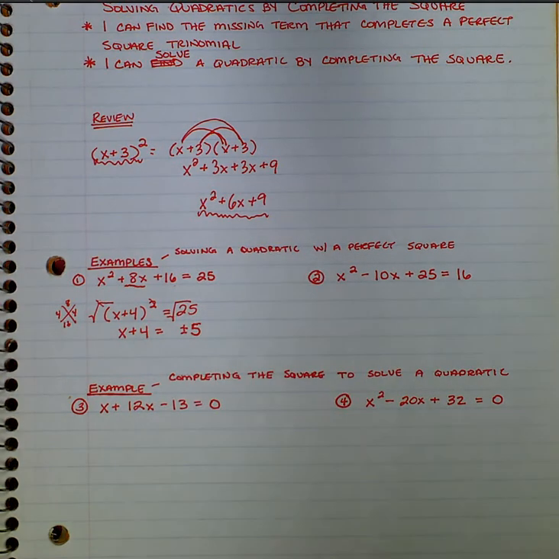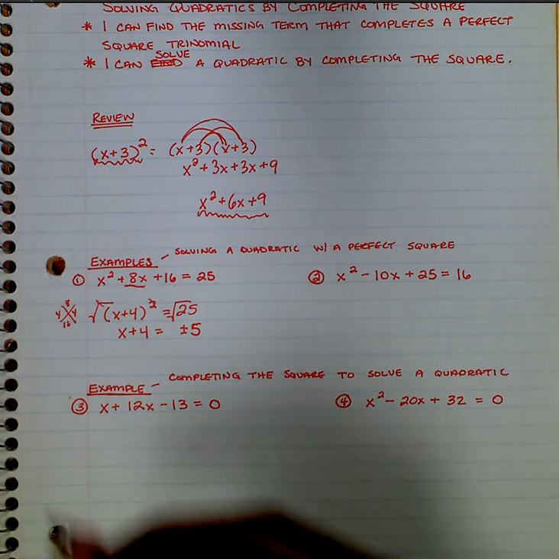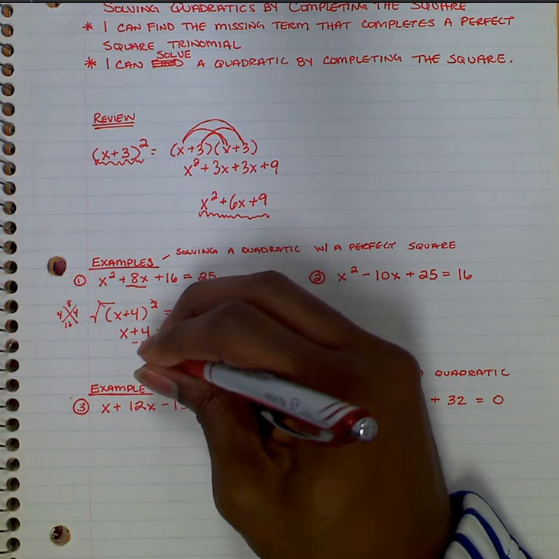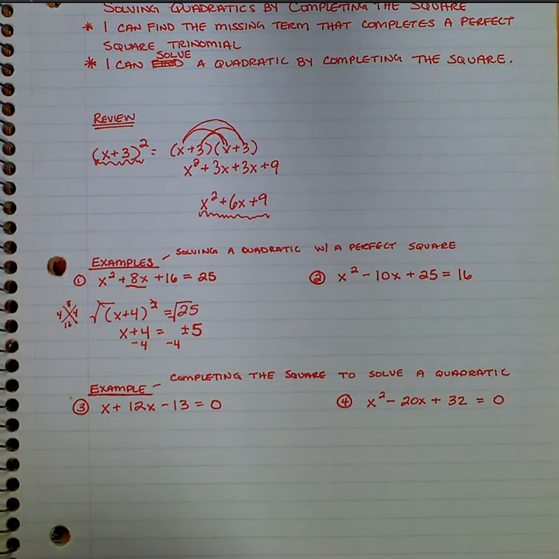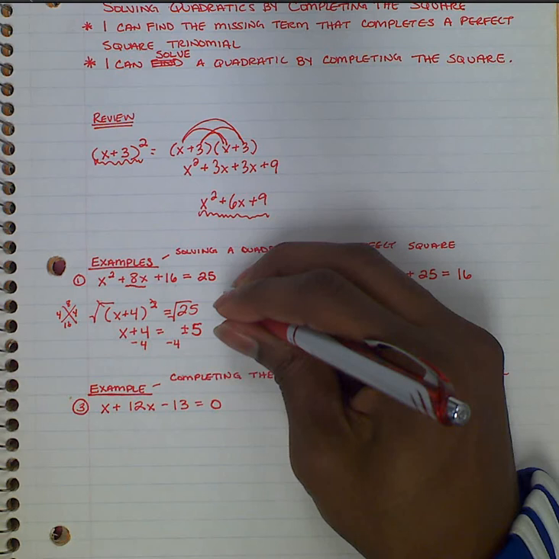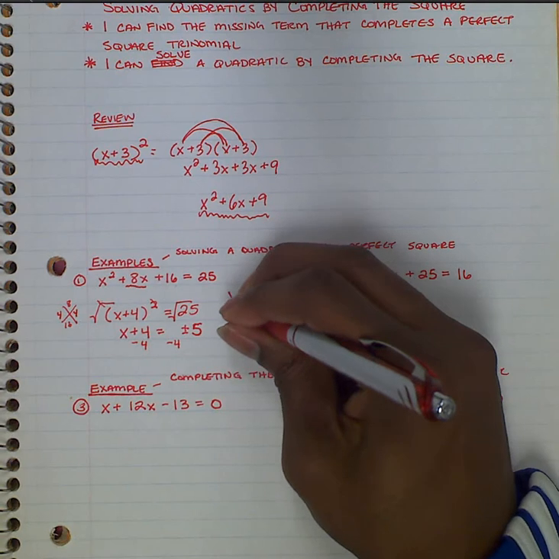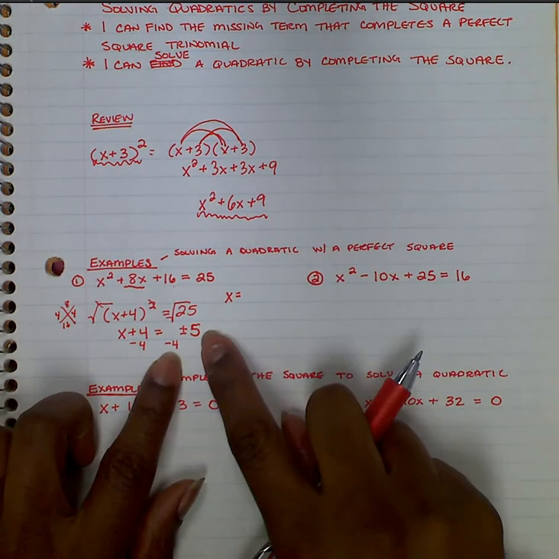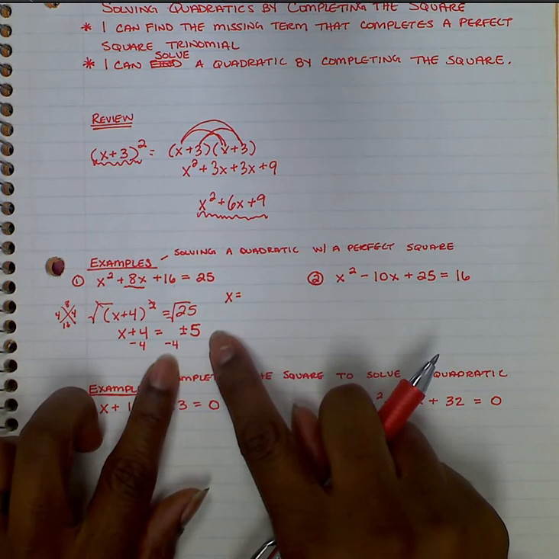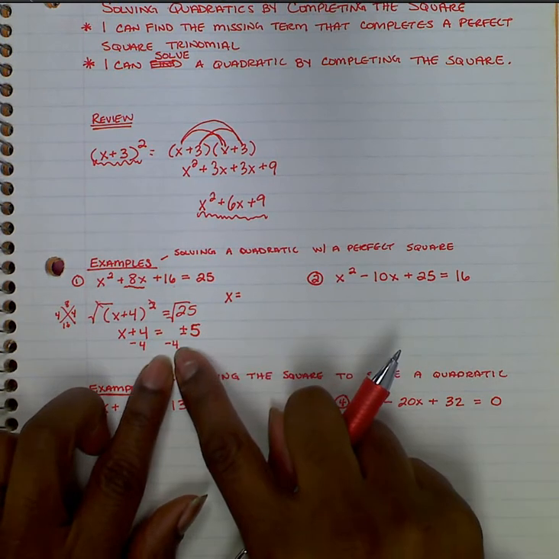Now we need to get x by itself, and we'll do that by subtracting 4 from each side. So x will equal, and this is really important, make sure you're paying attention, negative 4 plus or minus 5.